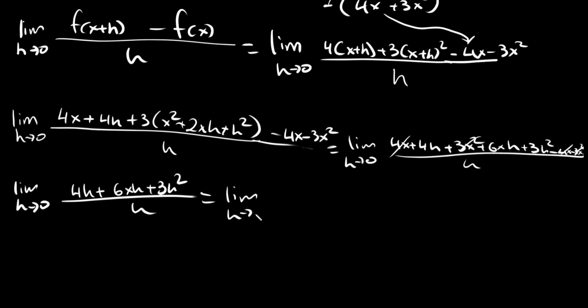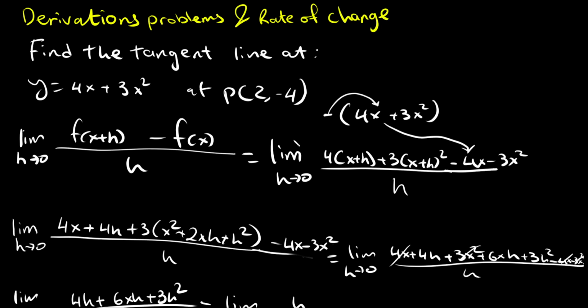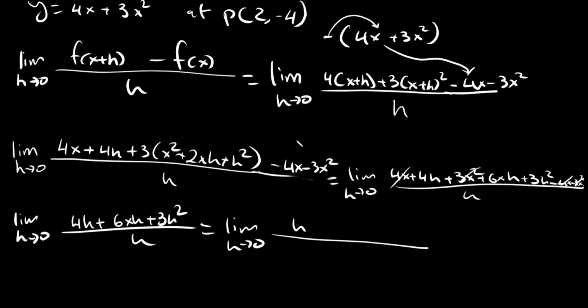Now let's factorize our h. Factorizing h, I get 4 plus 6x plus 3h, and I can cancel out h here. If I plug in 0 for h, I'll be left with 4 plus 6x.